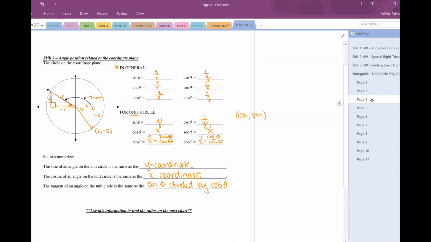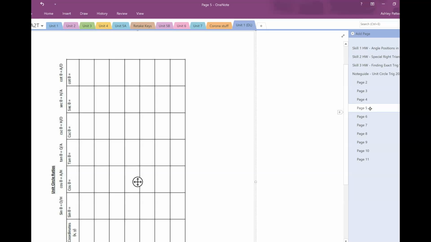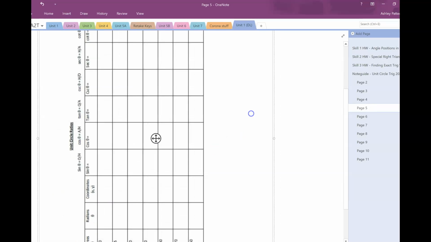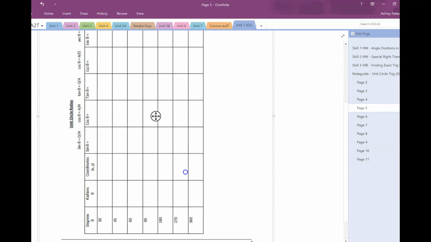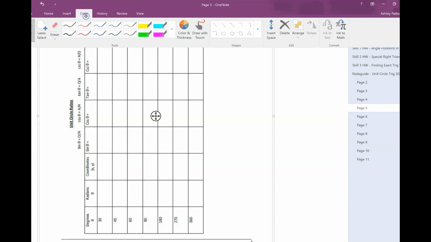Okay, so if you go to page 5, and I've been trying to figure out how to rotate this fantastic piece of paper, and I even Googled, and I can't figure it out, so I'm really sorry. Don't worry about the radian coordinate for now. Okay, the radian coordinate does not matter. I know that you probably can't turn your screen. I failed you at this point. I'm sorry.